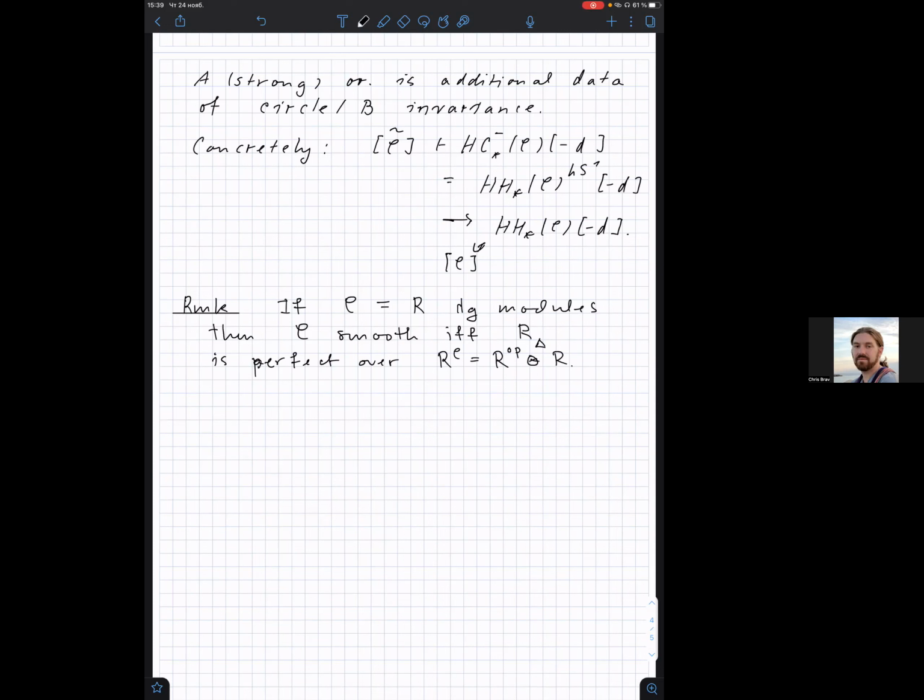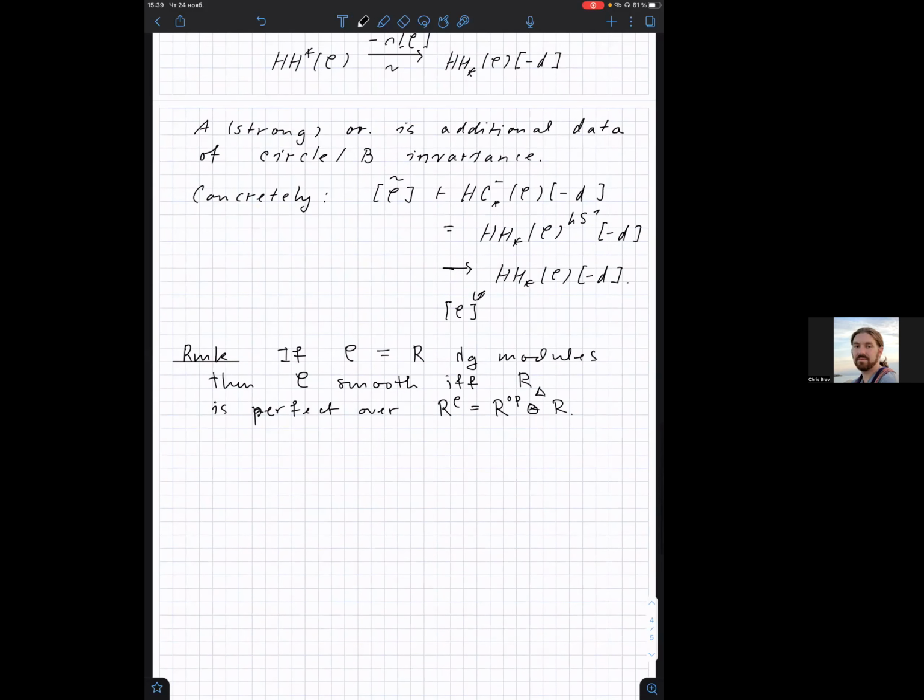There are kind of more intrinsic ways to say it. So you could say that if I look at the endomorphism DG category of the DG category, there's the identity functor in there, and I want that to be a compact object. So I hope that answers the question. So I should say that's definitely satisfied in the case of the fundamental group of a surface. So the group algebra over that is smooth in this sense.